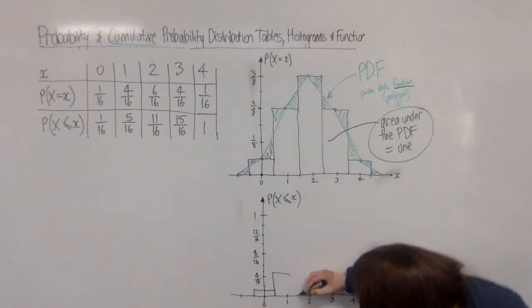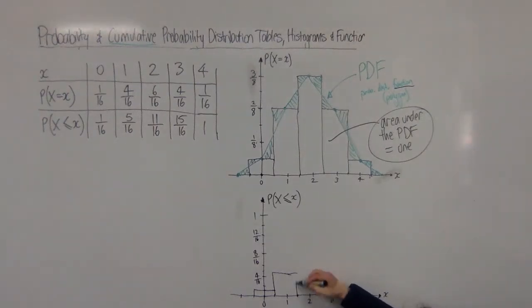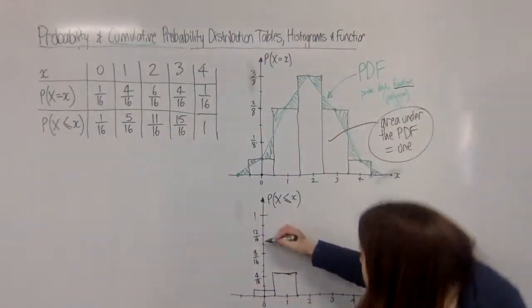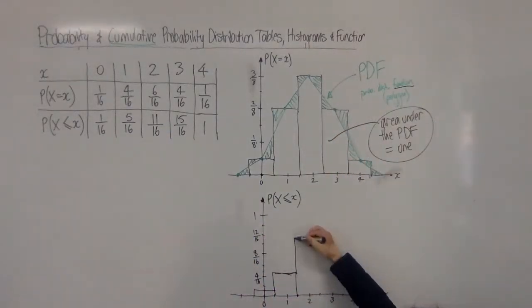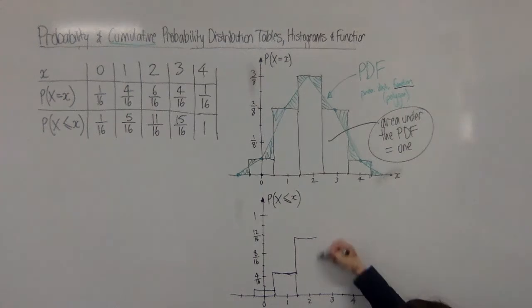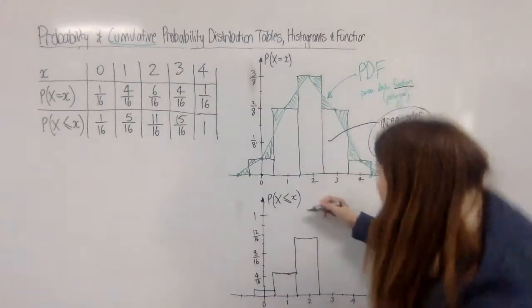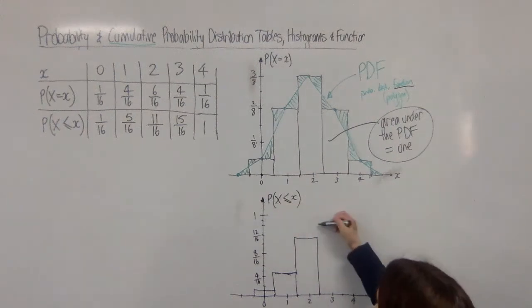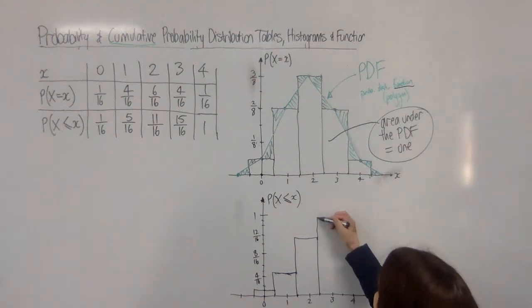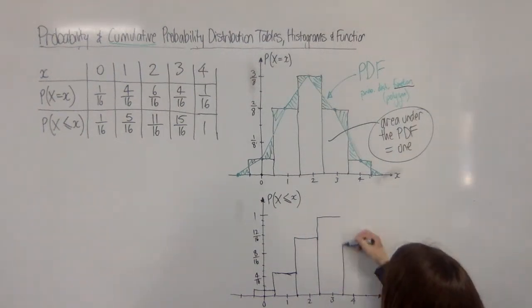Now I'm sort of drawing this by bending over and looking on the side, so it's a little bit dodgy looking. 11 16ths is going to be up here, something like that. Again, the lack of a ruler is making mine look a little bit less than perfect. 15 16ths will be up there somewhere, almost at the top.